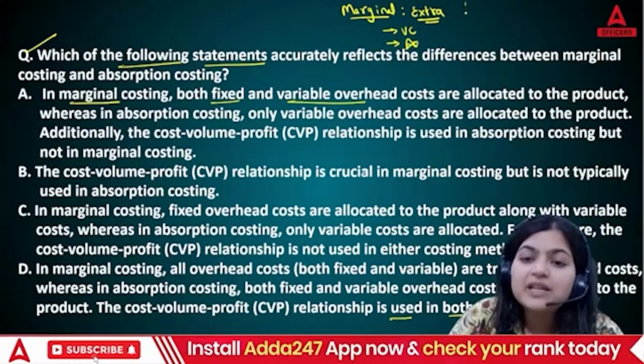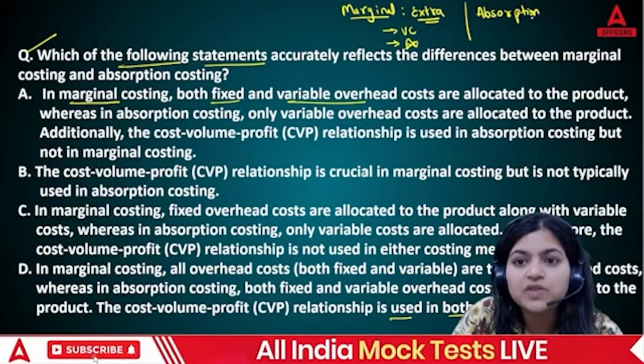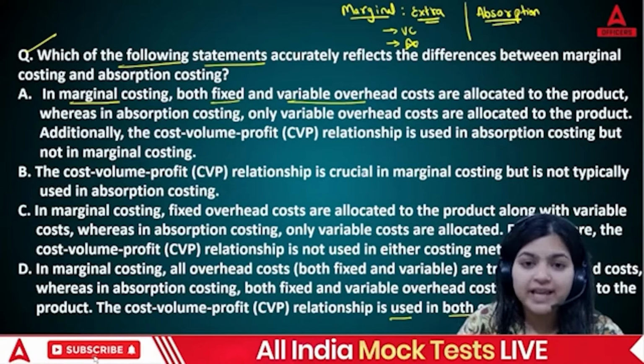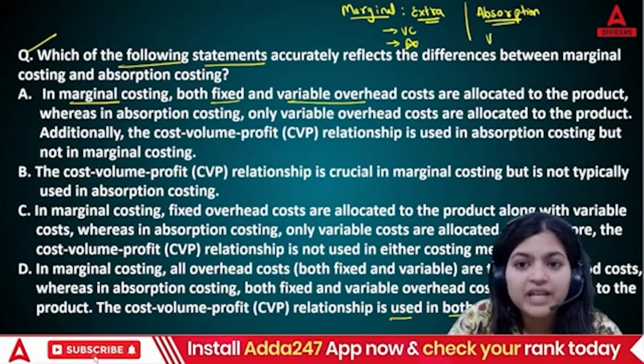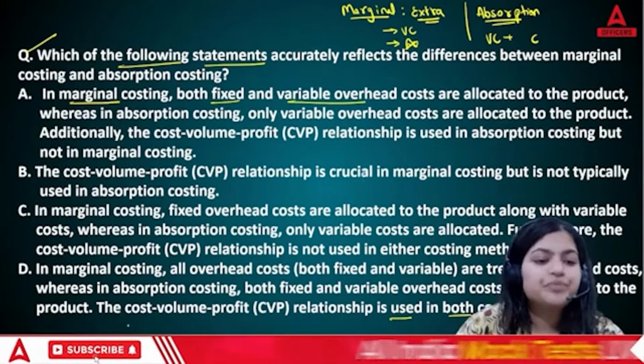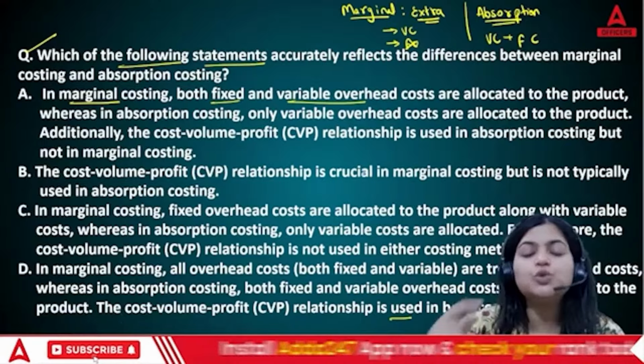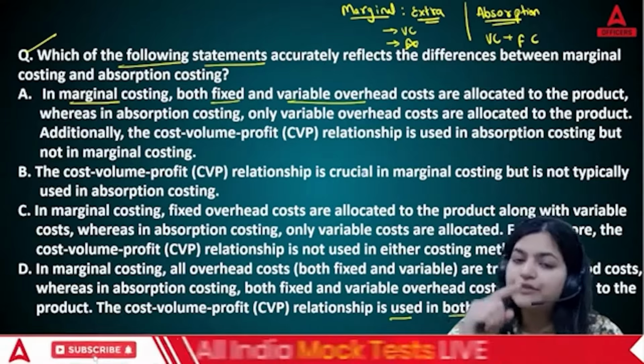Whereas in absorption costing, we are saying that whether you are incurring variable cost or fixed cost, we are going to add each and every type of cost in your calculation. So the major difference between these two types of costing is only fixed cost.